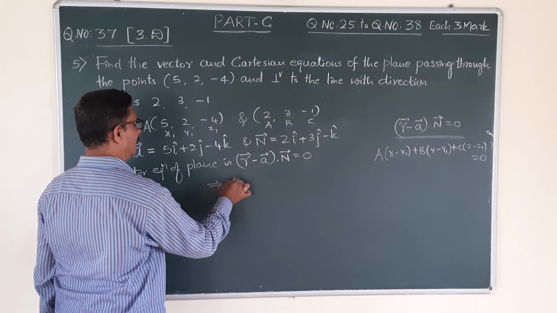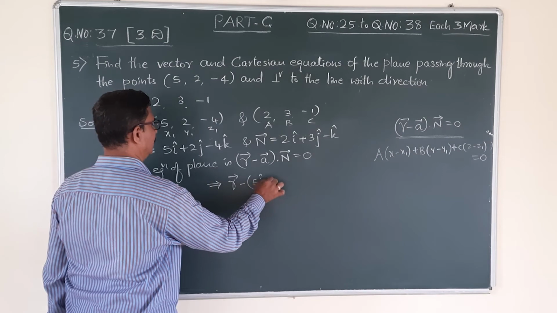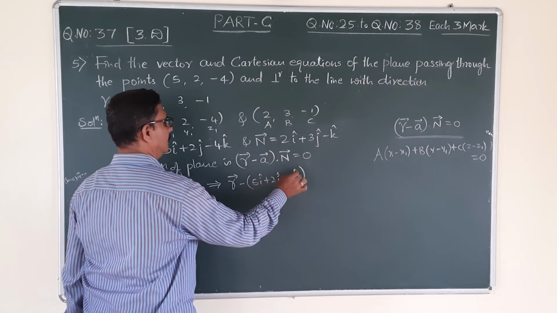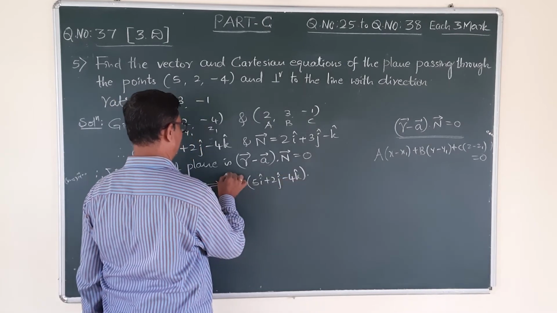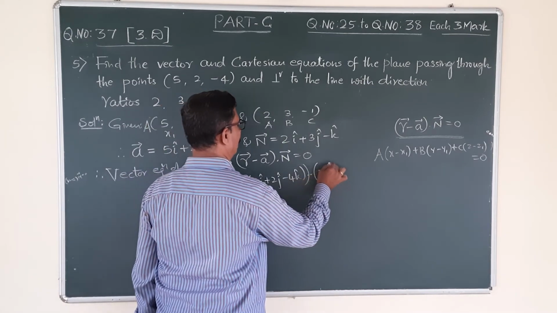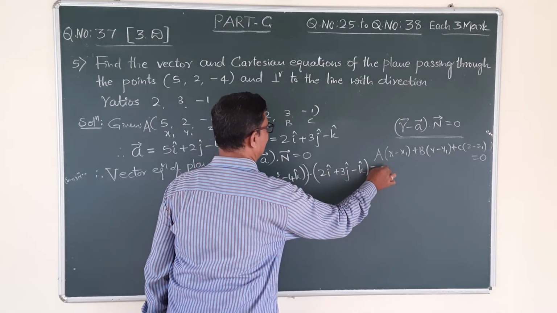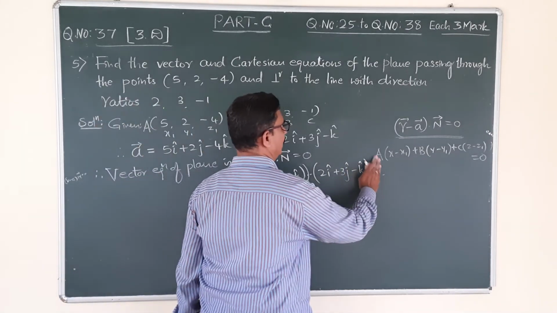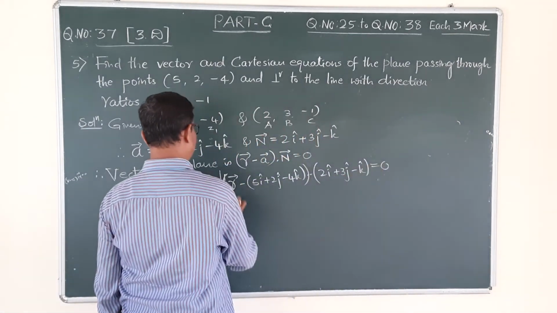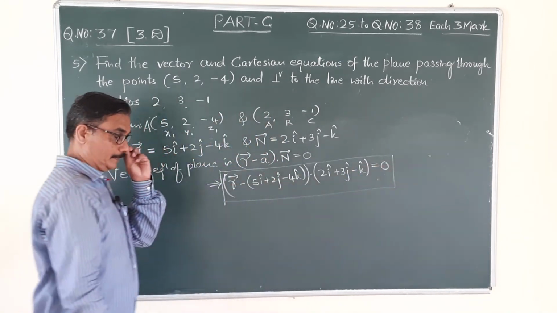Substituting the values: (r − (5i + 2j − 4k)) · (2i + 3j − k) = 0. This is the vector equation of the plane. Just substitute in the values.